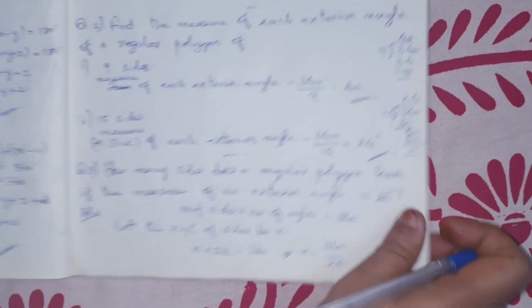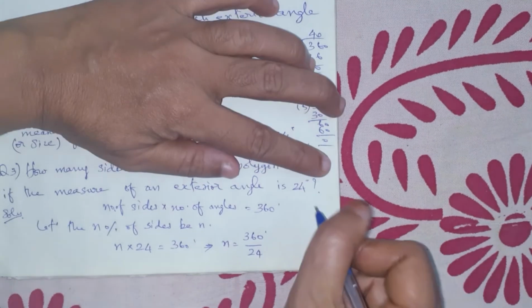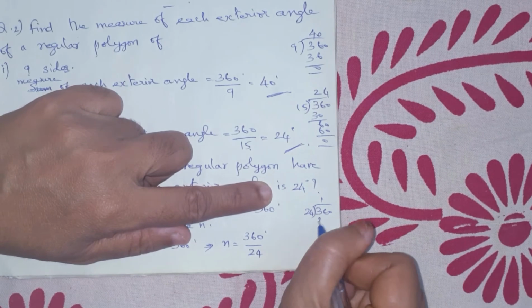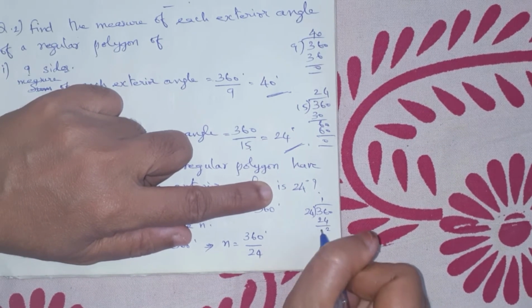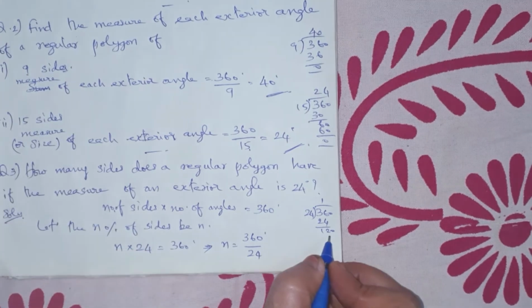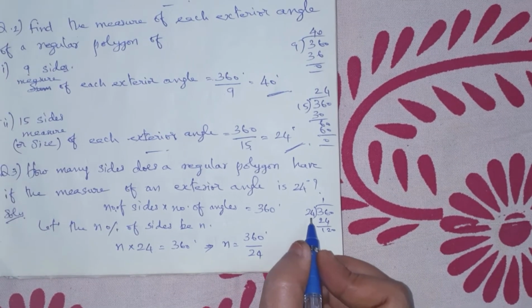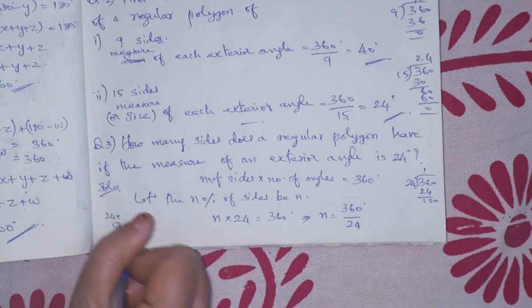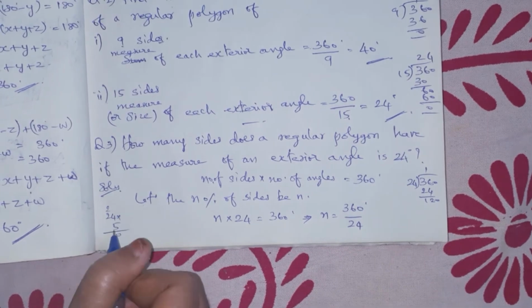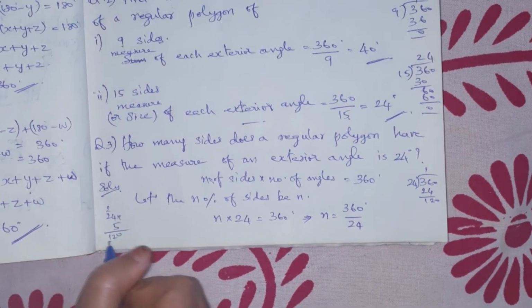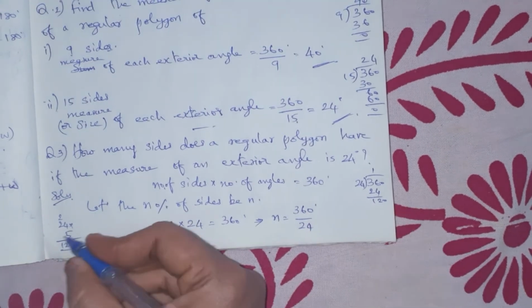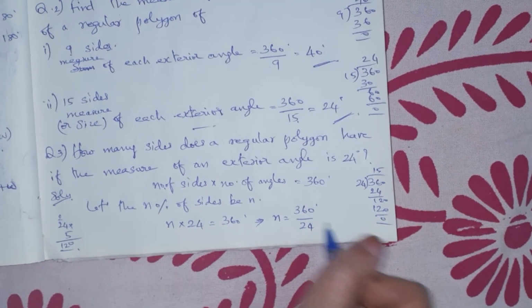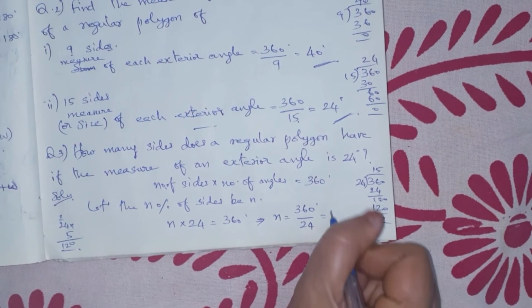360 by 24. 24 into 5: 4 fives are 20, 5 twos are 10, 12, so we get 120. 24 into 5 is 120, and 24 into 15 is 360. So n equals 15.